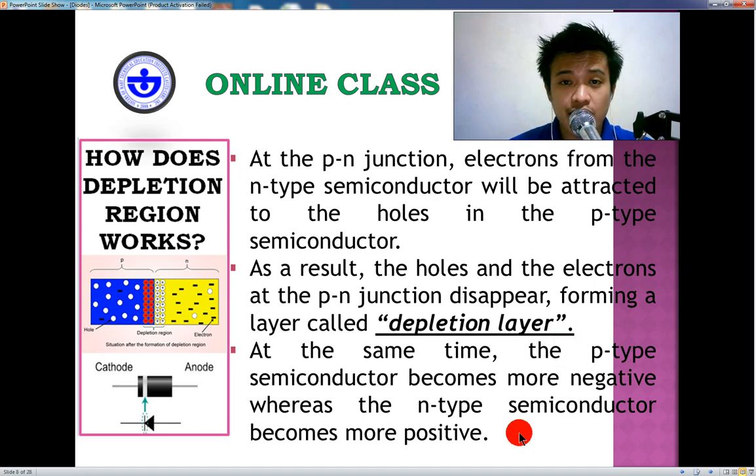Once it is created, it is capable of blocking the flow of current, because there is an electrical imbalance. The positive side should have positive, but it is supplied with negative, so there is an imbalance, and that creates the depletion region, which blocks the current from flowing.